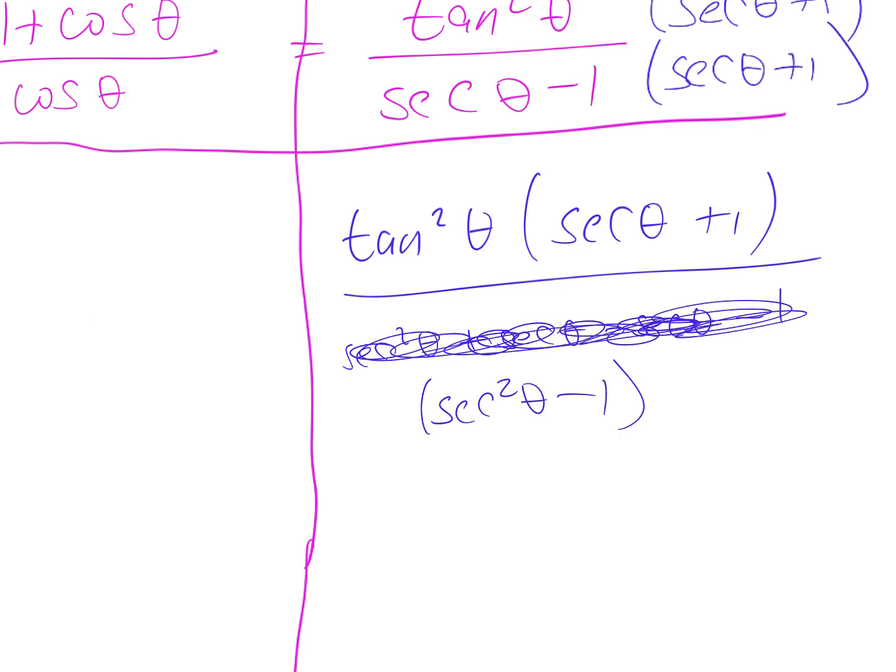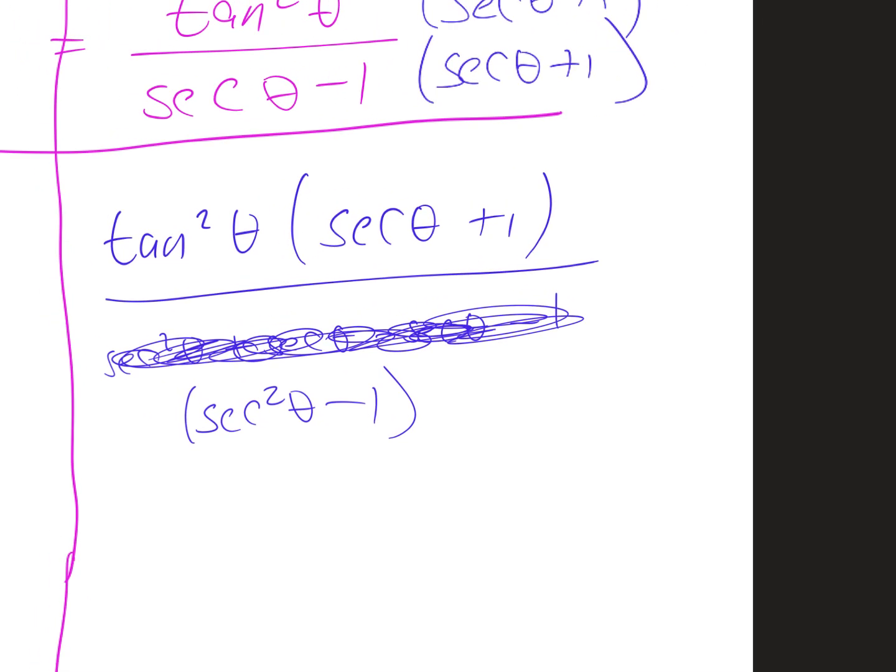Everybody with me? All right, I have a trig function that's squared attached to a plus or minus 1. Is there an identity that you can look at? What identity involves secant squared and a 1? Say it again. 1 plus tangent squared equals secant squared. Okay, well, does that help us at all?